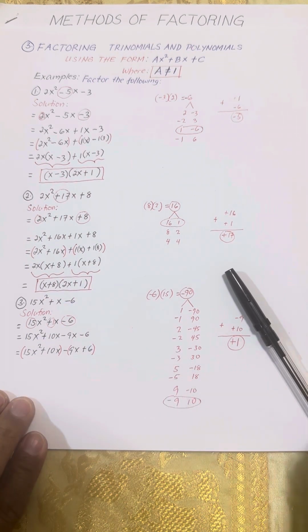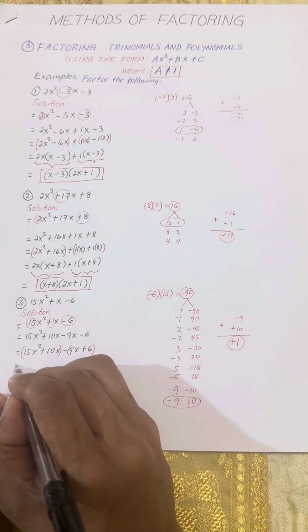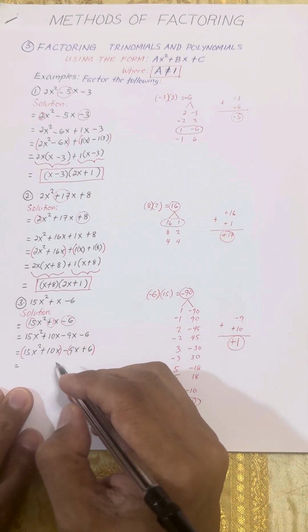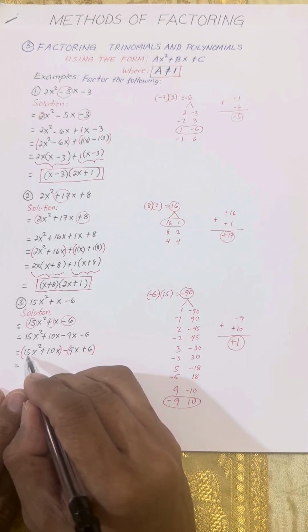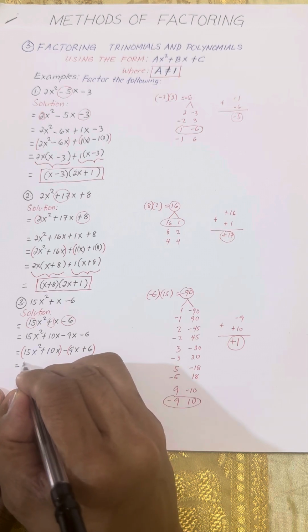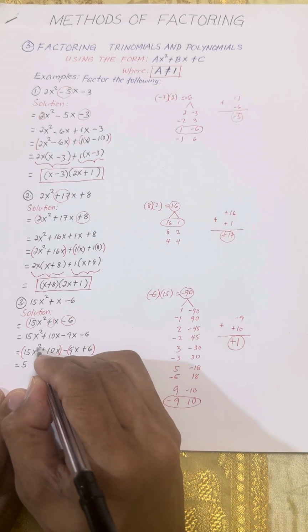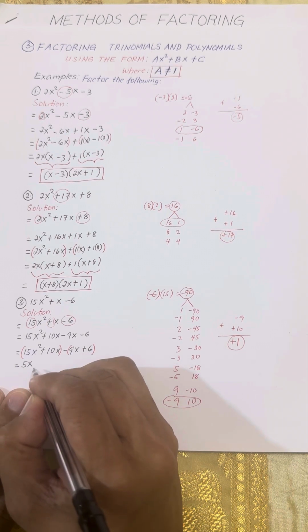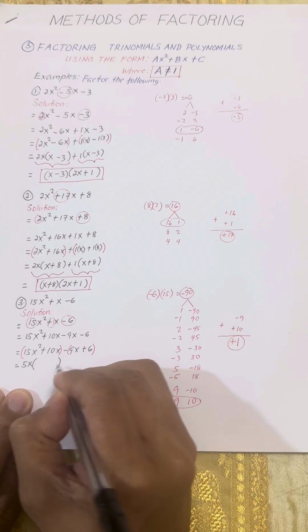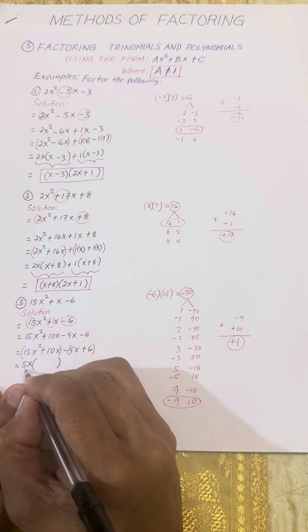Then let's find the common monomial factor of our first group. Here the common factor is 5, then we have x squared and x, so they have 5x. Then divide each term by the common monomial factor.